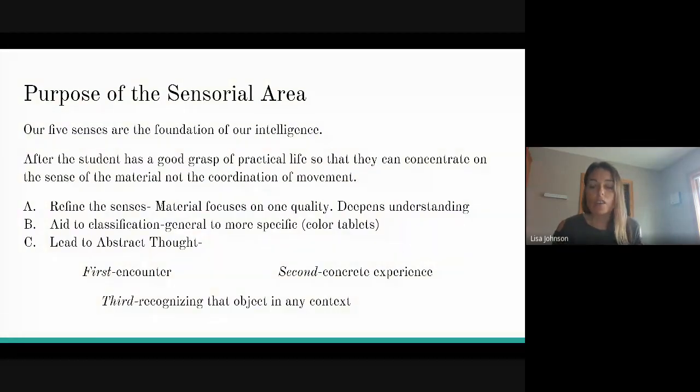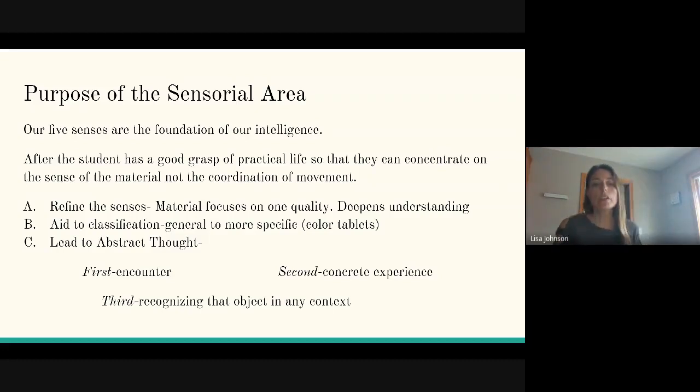Then we move on to color box 2 when we're comfortable with color box 1, and that's our secondary colors. And then we move on to color box 3, where we're grading colors, and that's our tertiary colors. But again, it's very general to more specific.